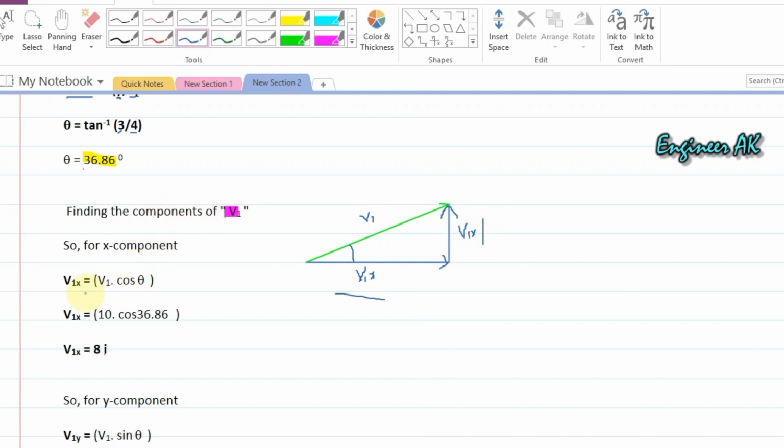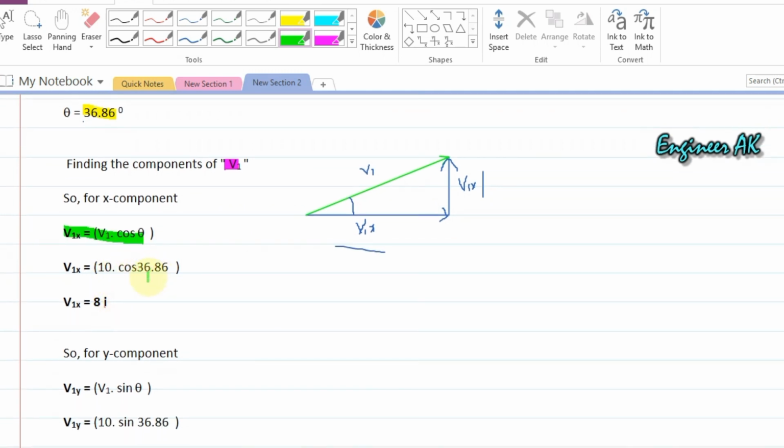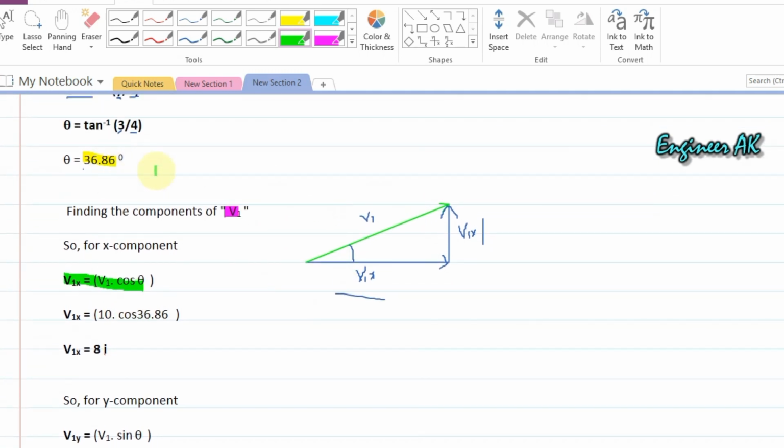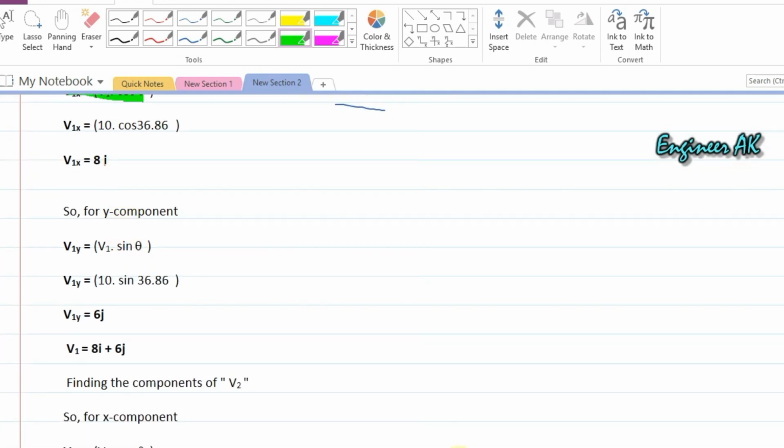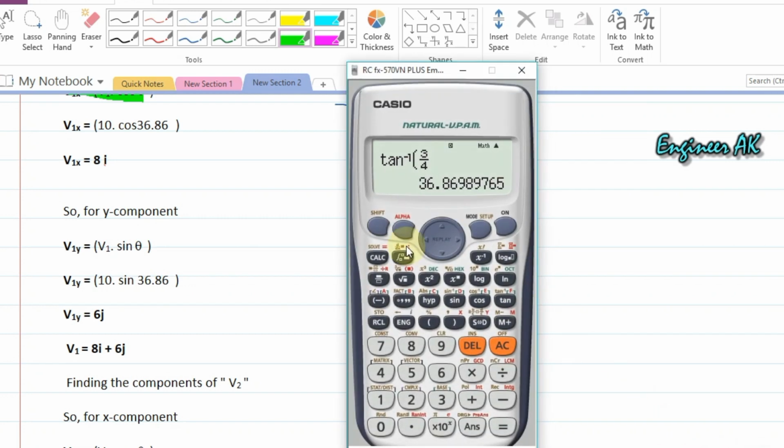So I simply write here v1x is equal to v1 cos theta, right? So v1 is 10, this one has a magnitude of 10 units, and cos 36.86, we have already found this angle, which is written over there. Now if I simply plug in the values, 10 cos 36.86, we are getting 8, right?